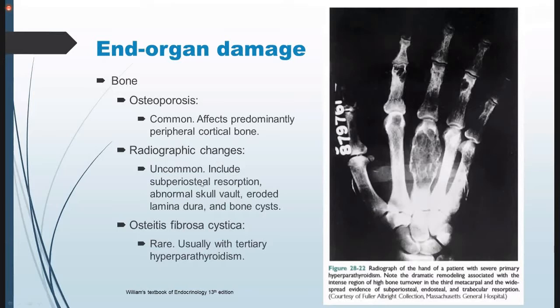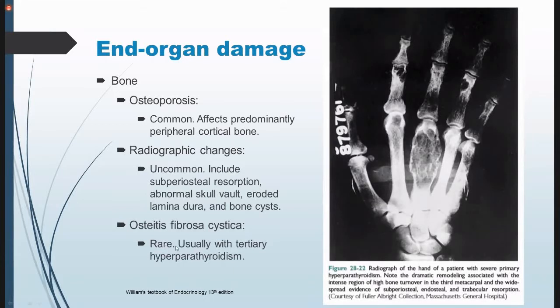Other radiographic changes which are uncommon include subperiosteal resorption, abnormal skull walls, eroded lamina dura, and bone cysts. Because of resorption of the bone, the whole architecture of the bony structure is getting eroded. Then osteitis fibrosa cystica. This is a rare condition.